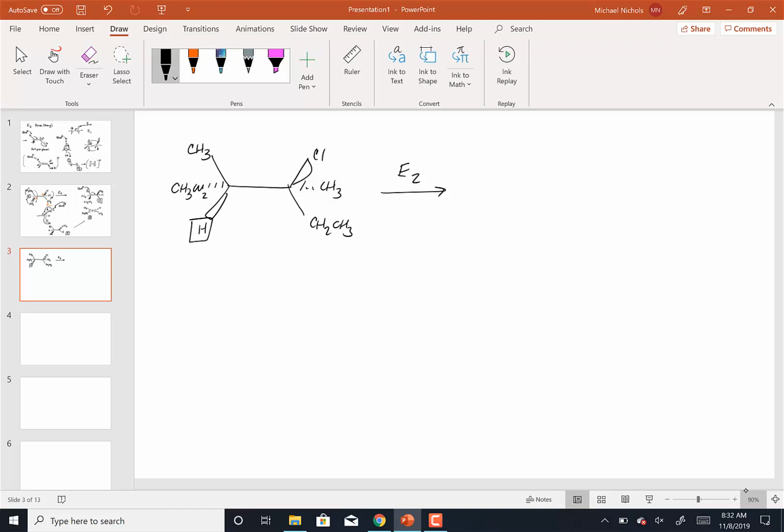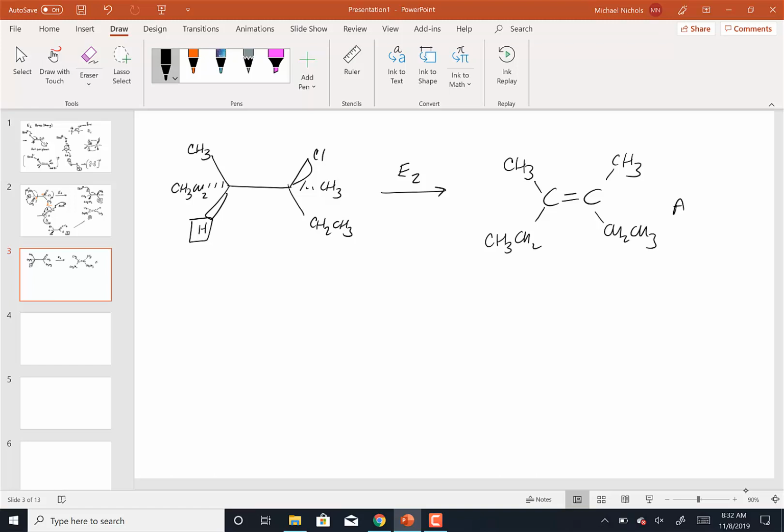Okay, so let's vote. Since it seems like most people have this, what are my two possible products? My two possible products are going to be to have the CH3 C double bond with the two CH3 cis and the two ethyl groups cis as well.